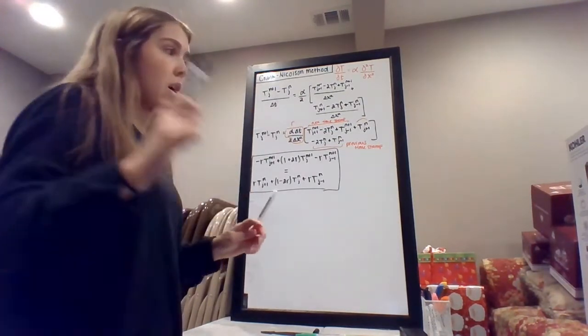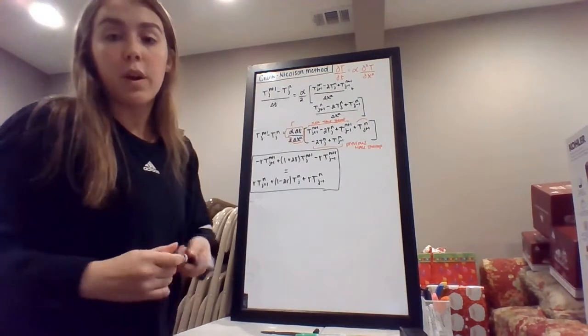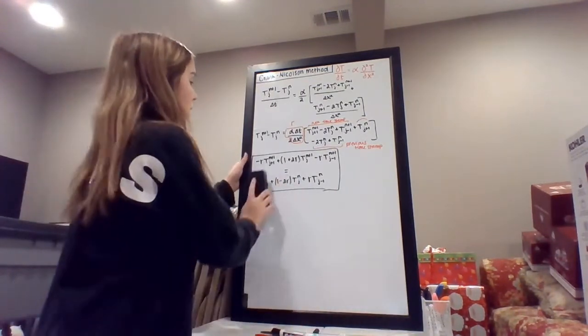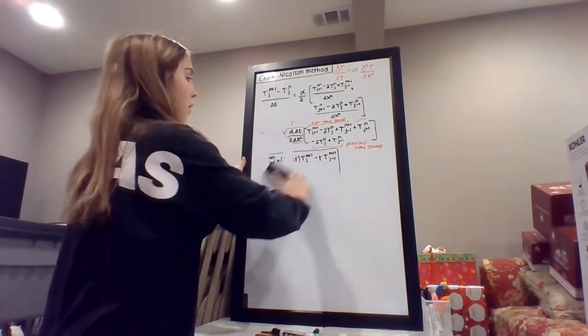But you do have multiple unknowns, so you will have to use a matrix to solve it, and I can go through that part. Let me erase this because I don't have room.